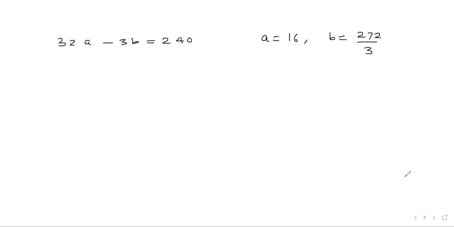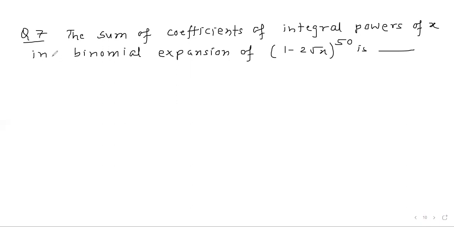Now let's consider the next question. Question number 7. The sum of coefficients of integral powers of x in the binomial expansion of (1 minus 2 root x) whole power 50 is. So let's see. (1 minus 2 root x) whole power 50.